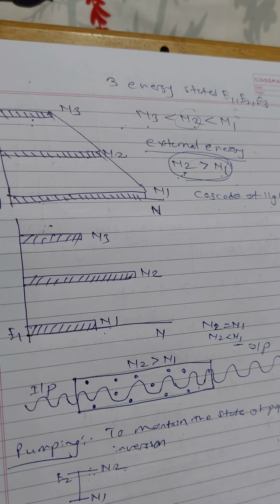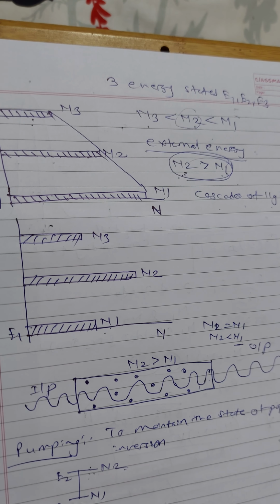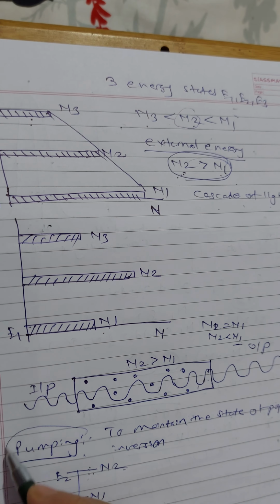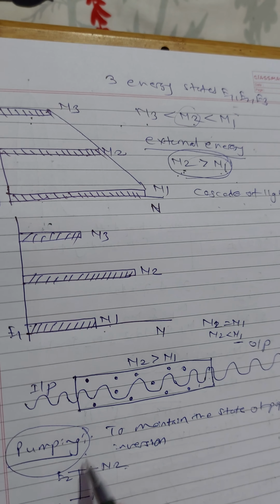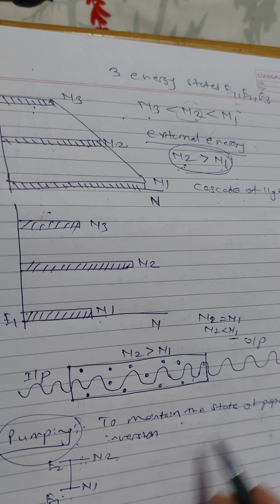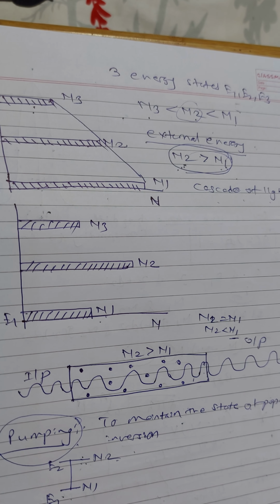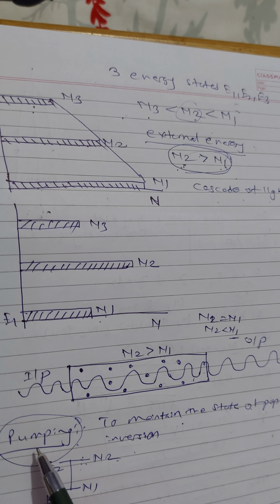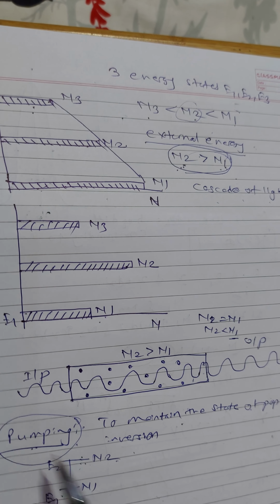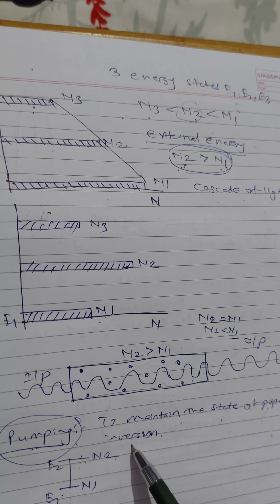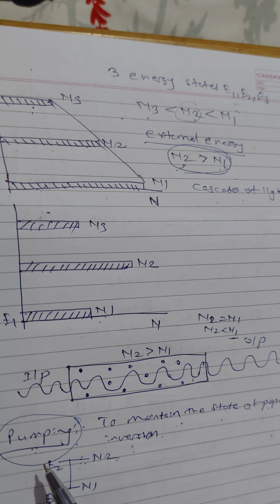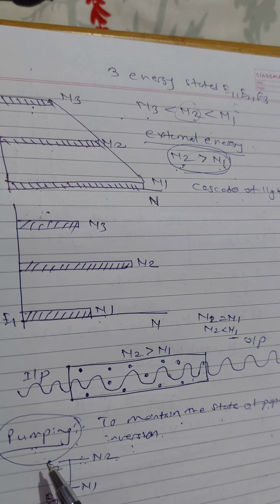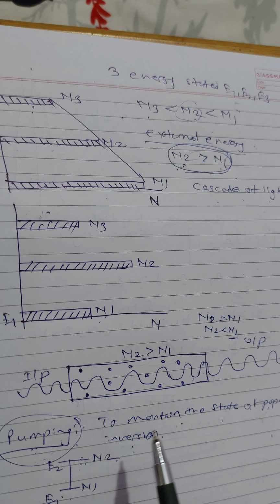This process of raising atoms from the lower level to the upper level is basically called pumping, which means if pumping is not there, you cannot maintain the population inversion. So if you want the laser light to be out, you need to do proper pumping. Proper pumping means maintaining the state of population inversion. That's why this pumping term is very, very critical for the laser action happening properly.